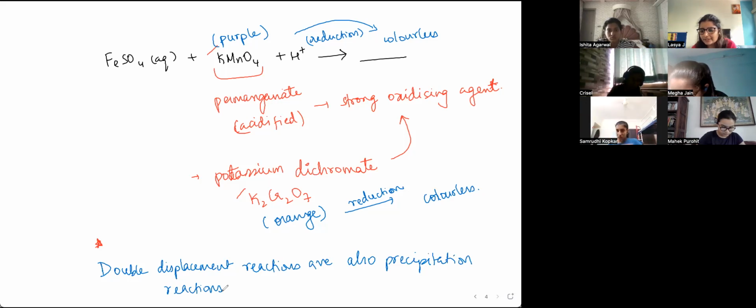What happens when dilute hydrochloric acid is added to iron filings? If you guys remember the zinc reaction, this also follows the same format.